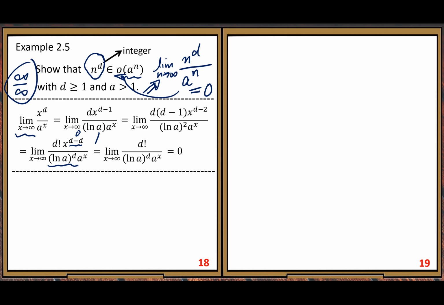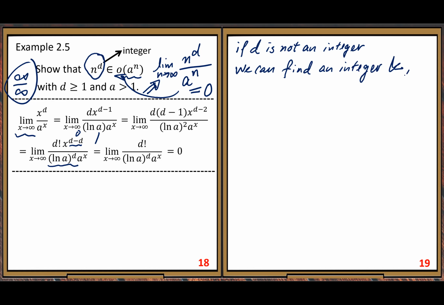All right. So if d is not an integer, then we can find an integer k such that k less than d less than k plus 1.